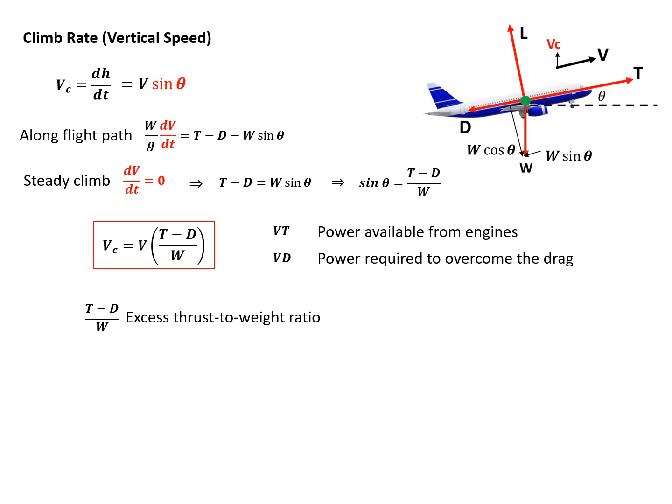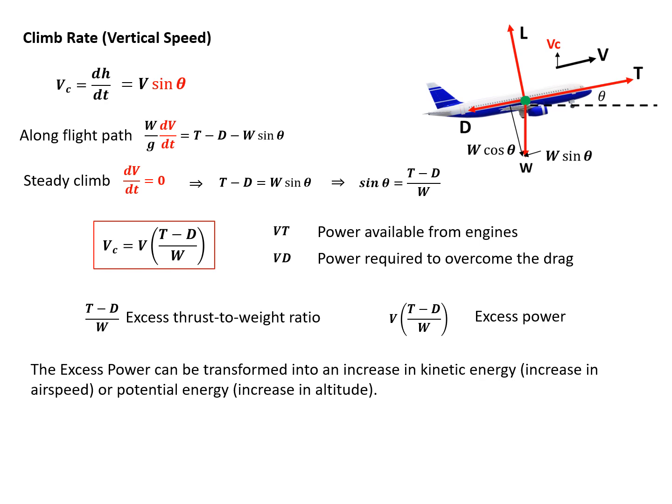In the derivation of the climb angle, we defined the excess thrust to weight ratio, T minus D over W. Similarly, in the calculation of climb rate Vc, we define V times (T minus D) divided by W as excess power, which is in close similarity to the climb angle.